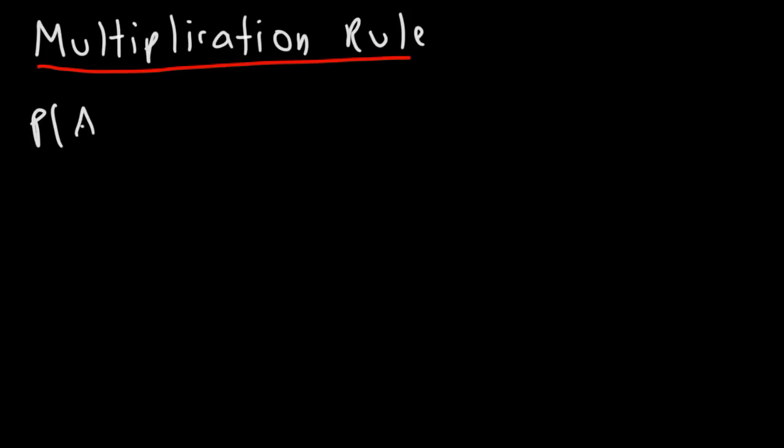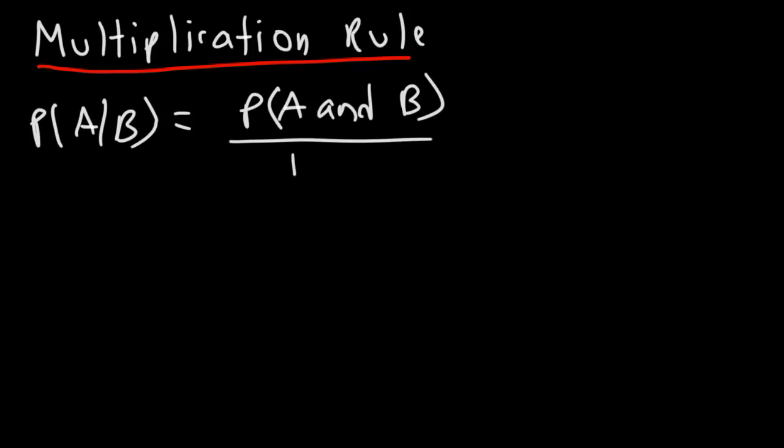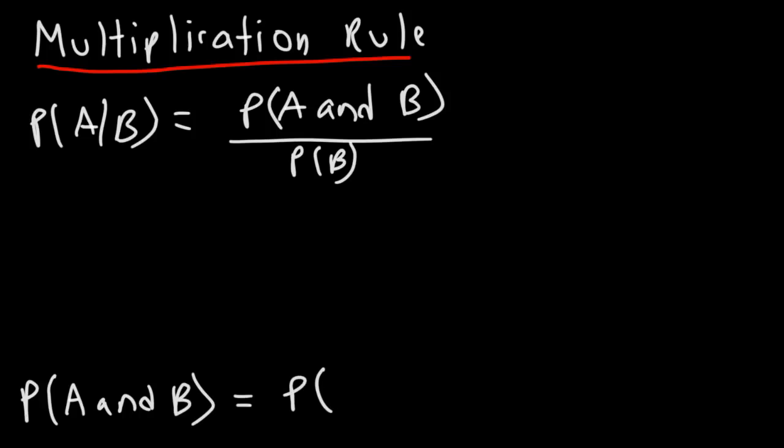The probability of A given B is the probability of getting A and B divided by the probability of getting B. So what this means is that if we multiply both sides by P of B, we can get this equation. The probability of getting A and B is the product of the probability of getting A given B times the probability of event B occurring.